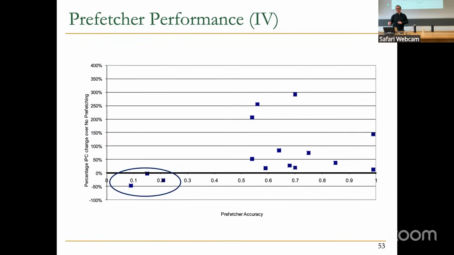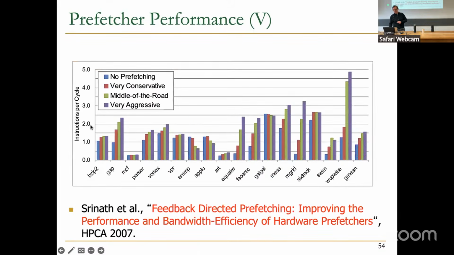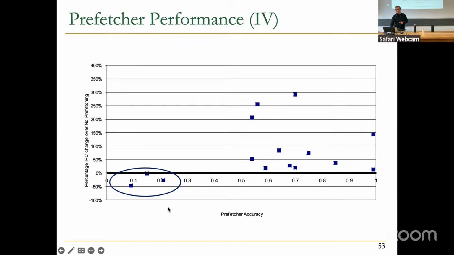We've done a lot of studies on understanding the effects of these metrics on actual system performance. This picture shows an example. Here we look at prefetcher accuracy on the x-axis, and the percentage IPC, instructions per cycle, change over no prefetching. Basically, how much the prefetcher is improving performance.